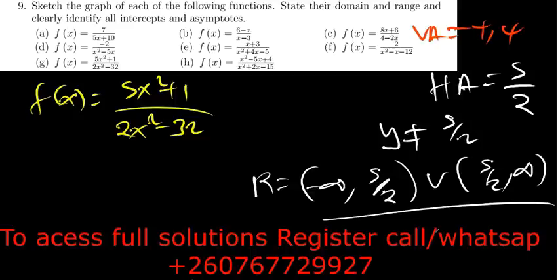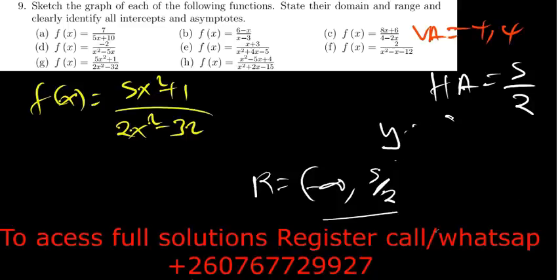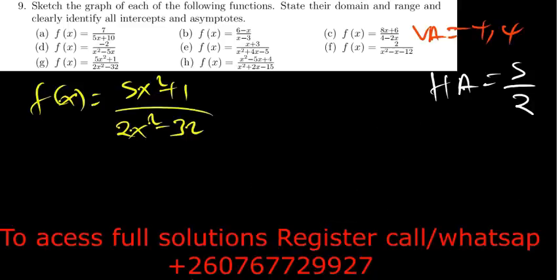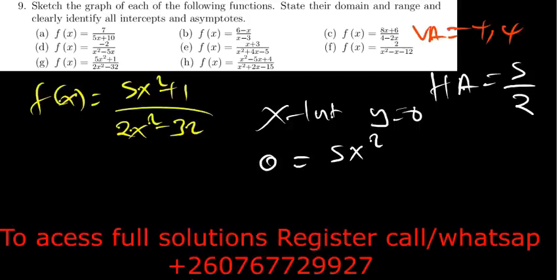Now let's find the x and the y intercept. To find the x-intercept, y has to be 0. So it's going to be 0 is equal to (5x squared plus 1) over (2x squared minus 32).